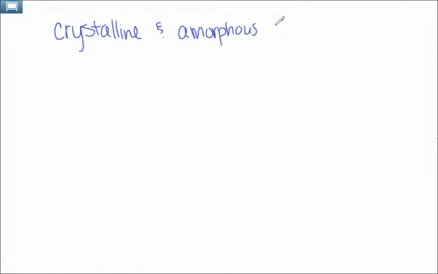How about amorphous? Yeah, sand is more of a crystalline. Probably a metal, yeah. Glass is an example. They're just random mixing, like there's no pattern to the molecules within the solid.